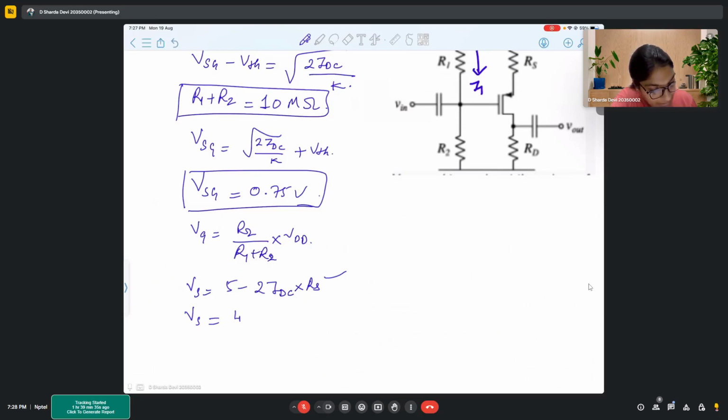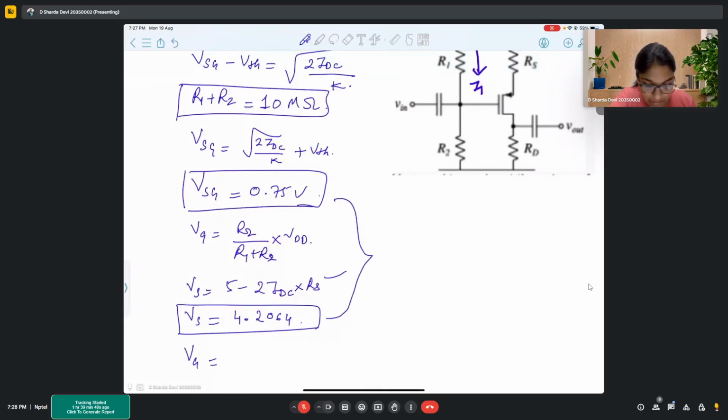From there we get Vs as 4.2064. That is the value of Vs that we get. And from these two, if we find Vg, it turns out to be 4.6456 volts. This is Vg, this is Vs.